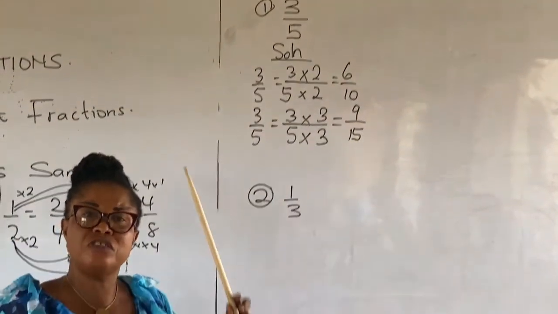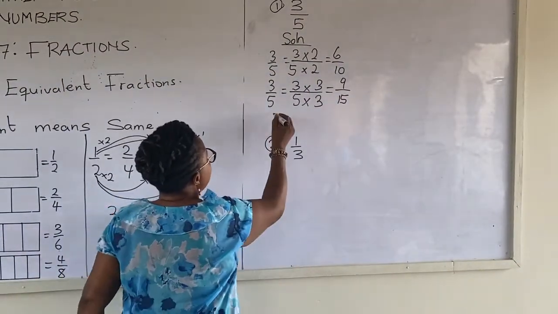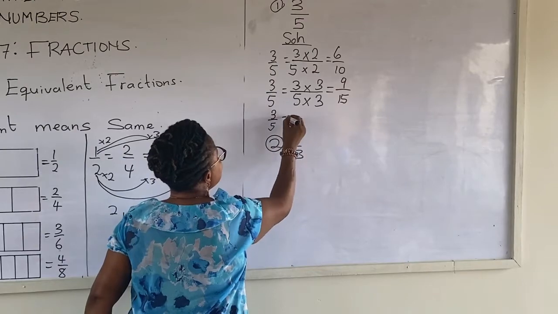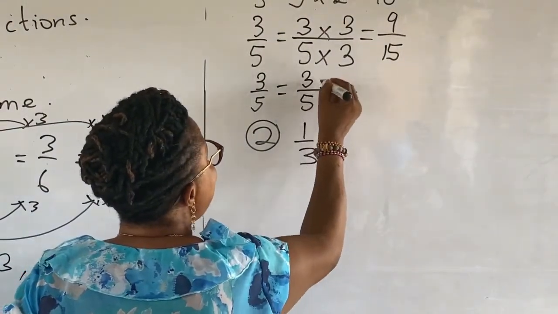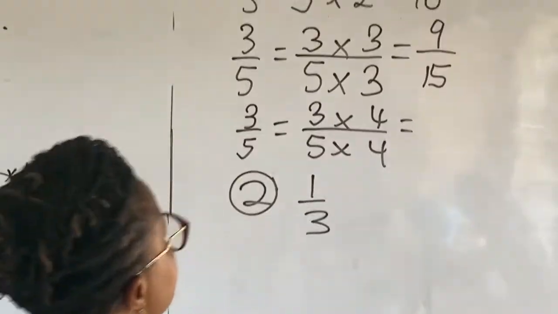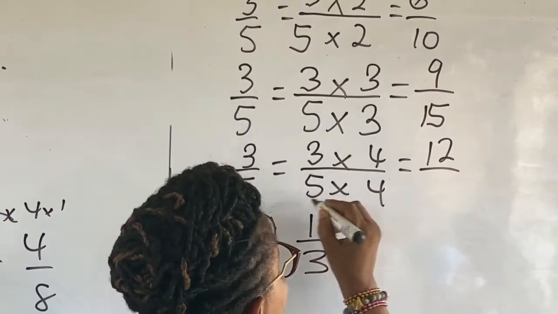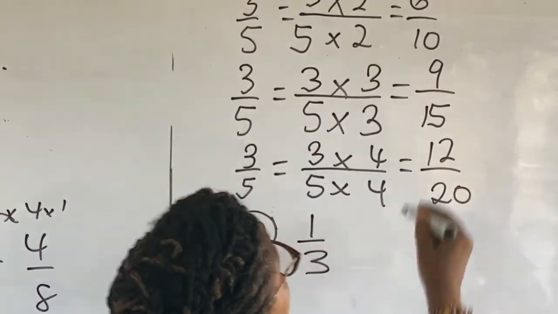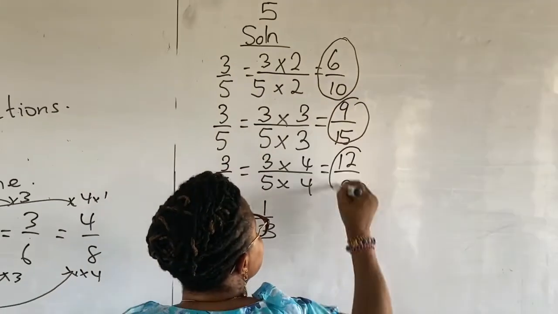We are looking for 3 equivalent fractions, so we are left with the third one. So write your 3 over 5. Bring your bar. 3 over 5 times 4 over 4. 3 times 4 is 12 over 5 times 4 is 20. So now we have 3 fractions here.